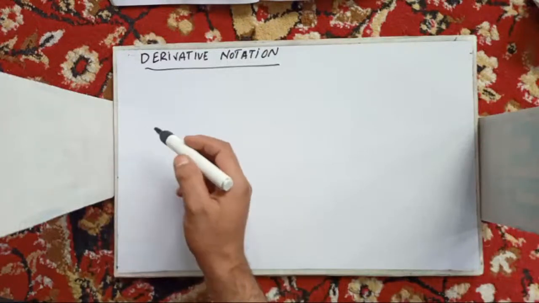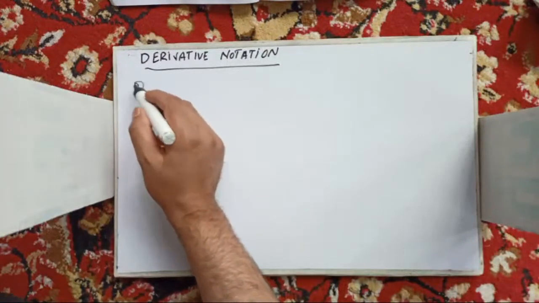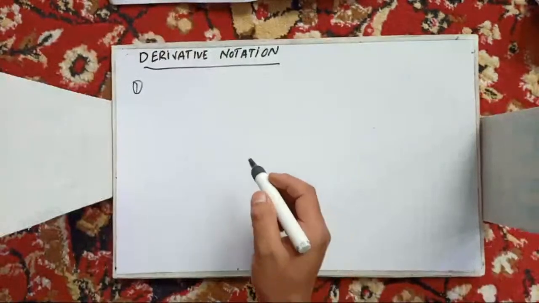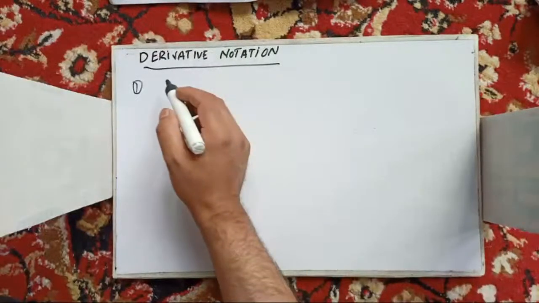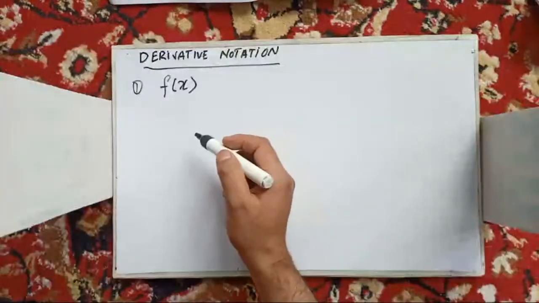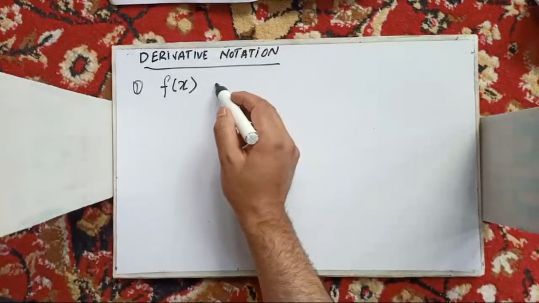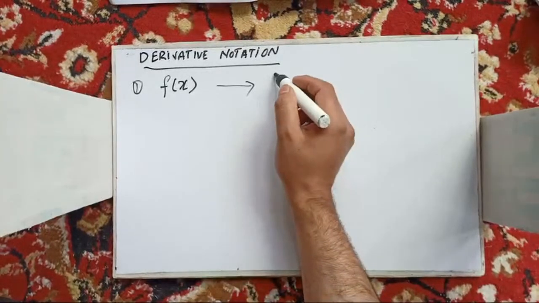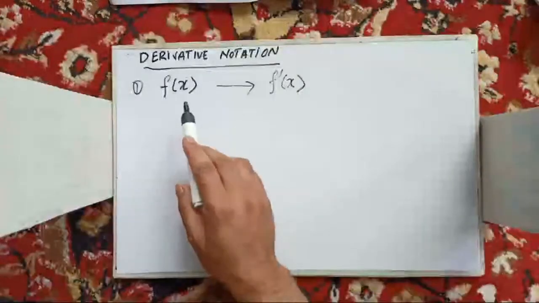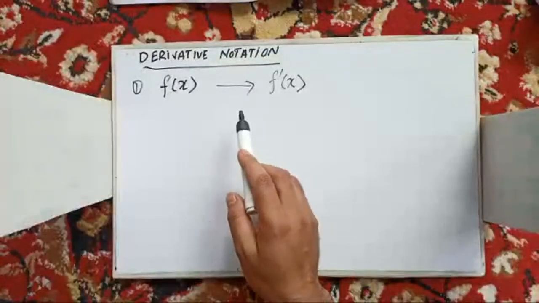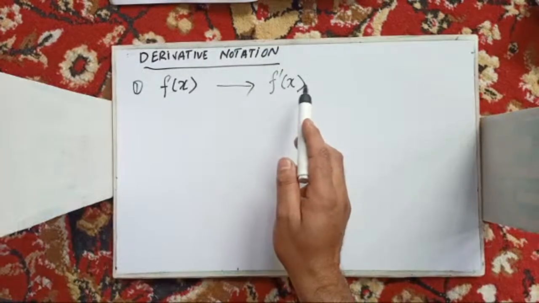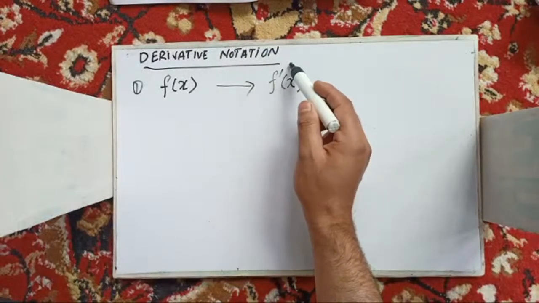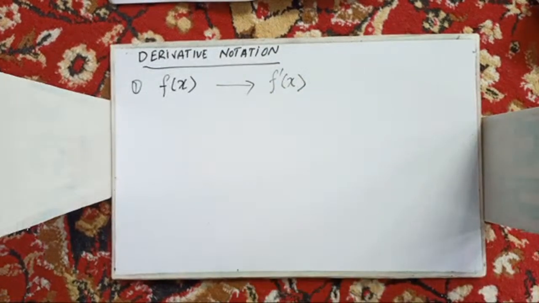First, if we are given a function f(x) and we have to find the derivative of this function, the notation for this is f dash x. That means if f of x is a function and its derivative is f dash x, we denote this by the f dash x symbol.